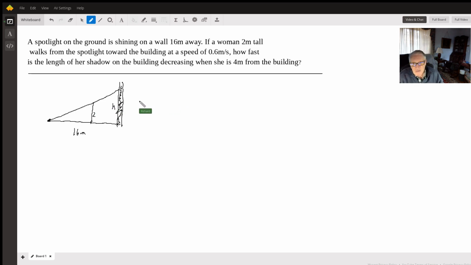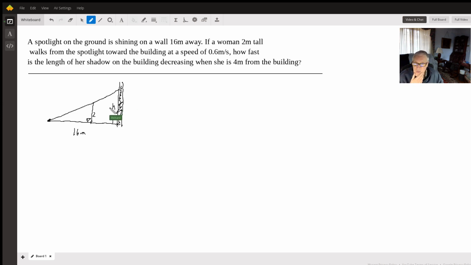And so we need a relationship between time, as time elapses as she's walking, and the height of her shadow. So that's why it's called related rates.